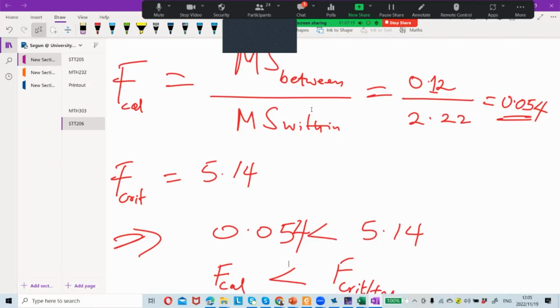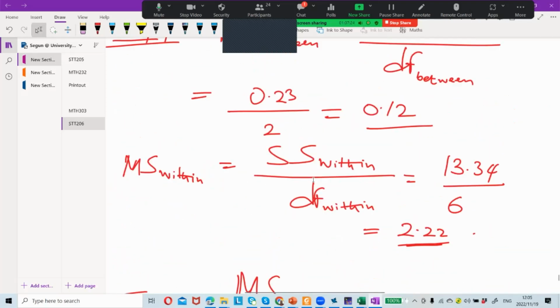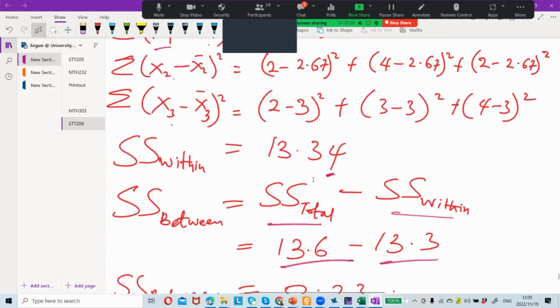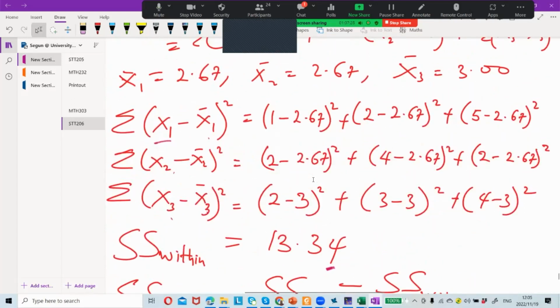This SS within, sir, is not that clear. SS within is here. Look at it. SS within means each of the values minus the average of each of this area. What do you get here?